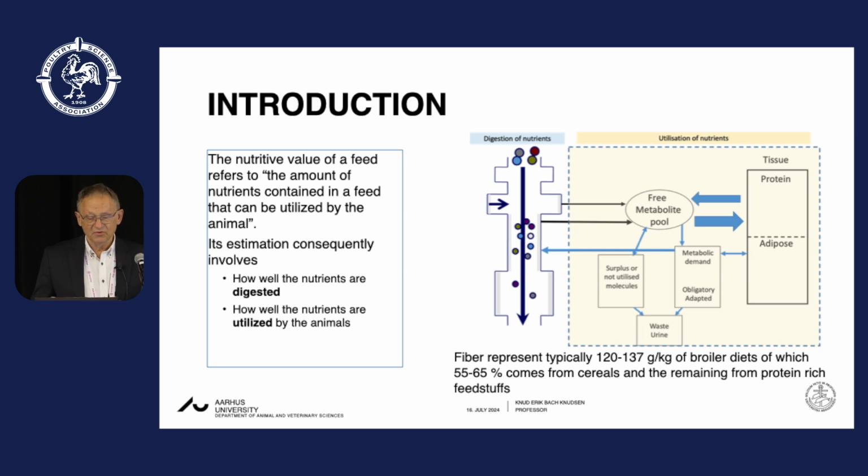If we first look into the nutritive values, and we have heard a lot of that during this meeting, I try to distinguish between the events occurring within the gastrointestinal tract and what is happening within the body. As we heard in the previous presentation and also yesterday, with amino acids there are a lot of things going on within the body.